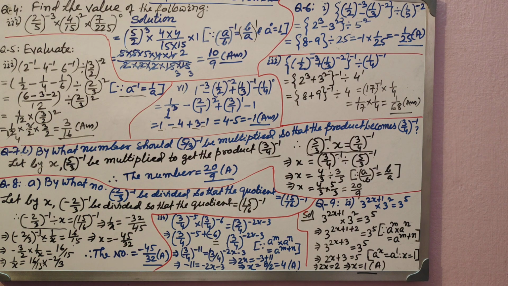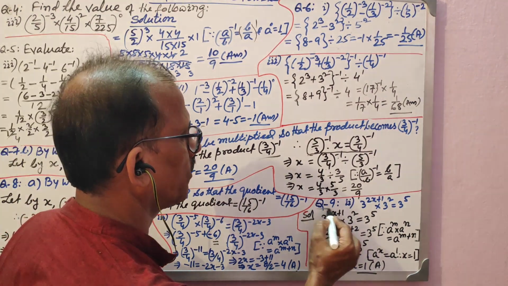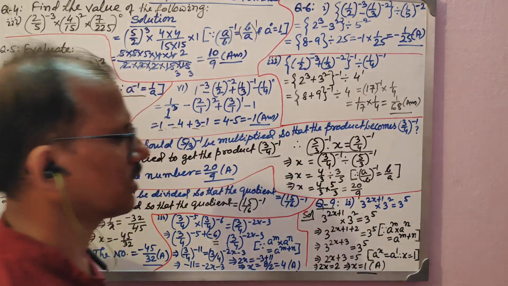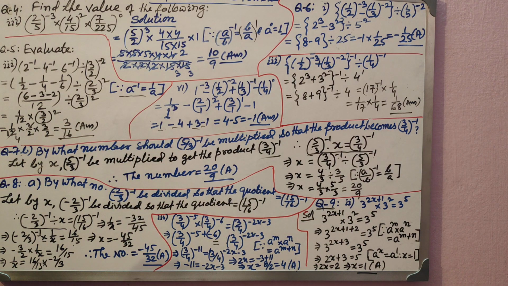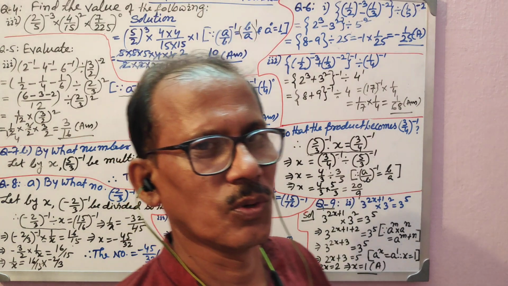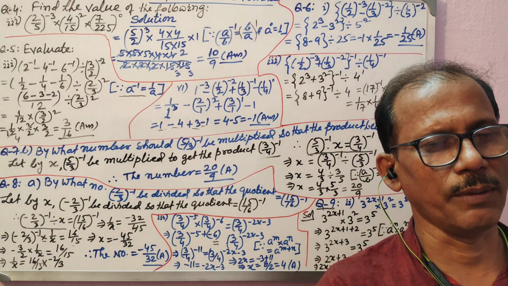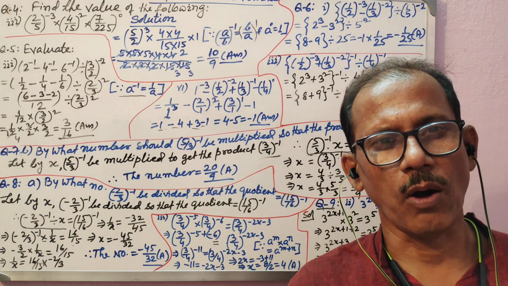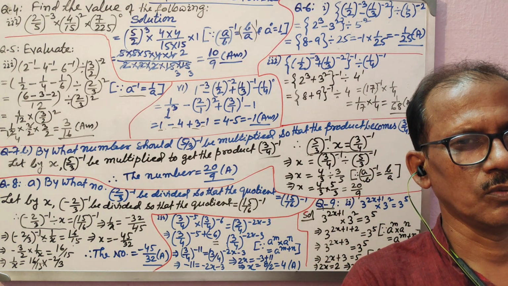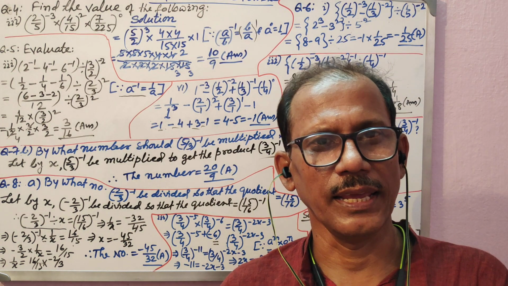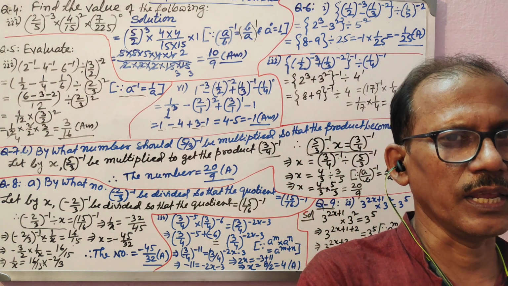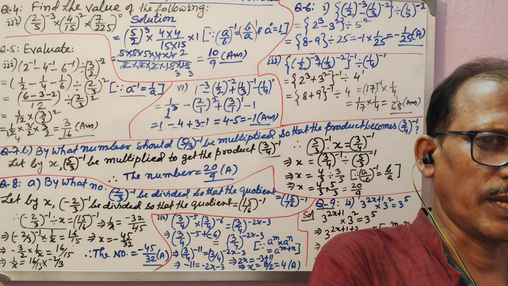Okay, now moving on to question number 9, which is very, very important. In this exercise, question number 9 is very important. To solve question number 9, there is one thing we must know. If both sides are equal and the base is the same, the power will also be equal. That means if a to the power x is equal to a to the power 3, then the x value will be 3.